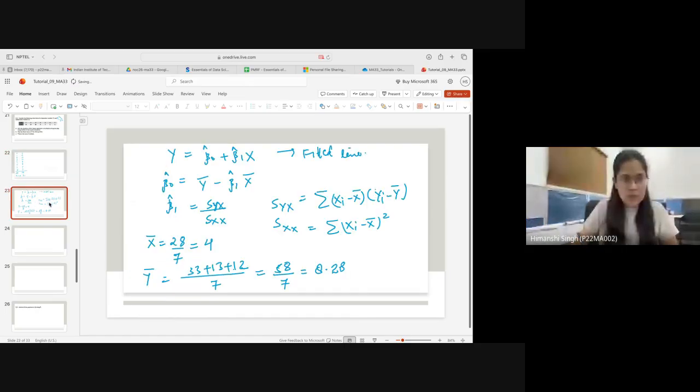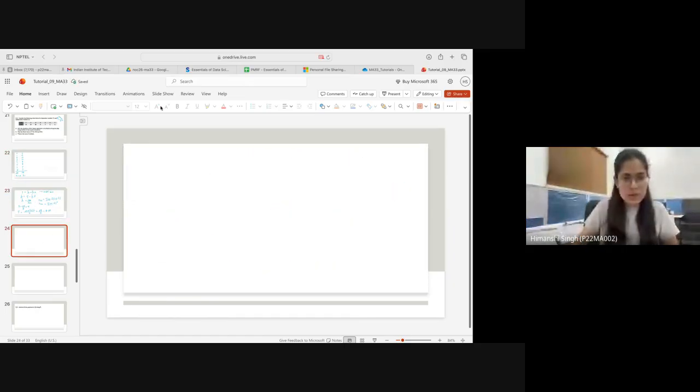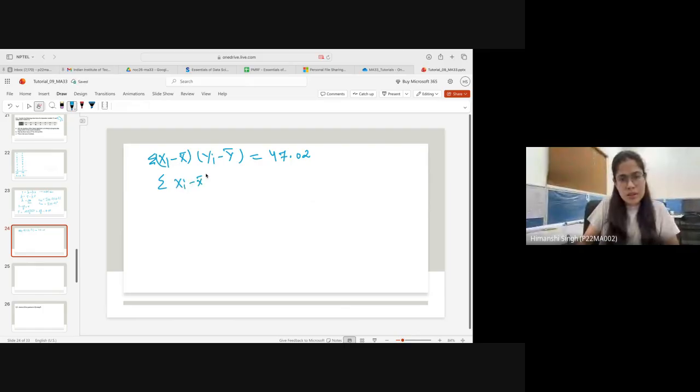I have calculated the value, so I will just write it here. That summation xi minus x bar into yi minus y bar is coming out to be 47.02, and summation xi minus x bar whole square was coming out to be 28.